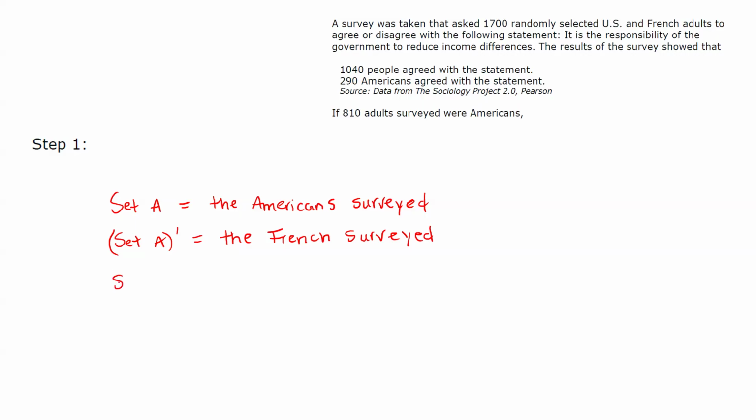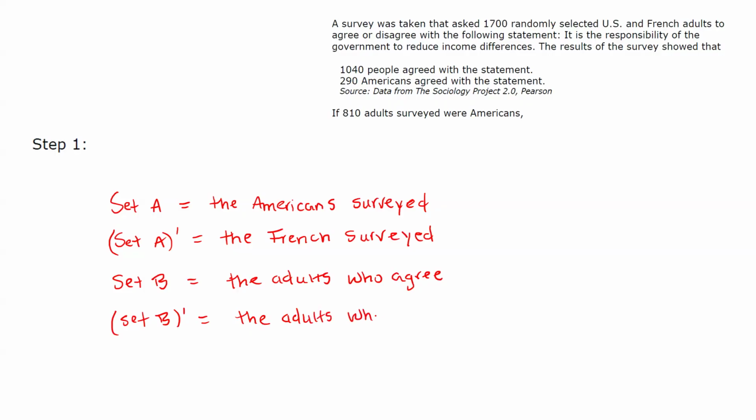Okay. Then we'll let set B be the adults who agree. So if we're not set B, we would be included in the adults who disagree.